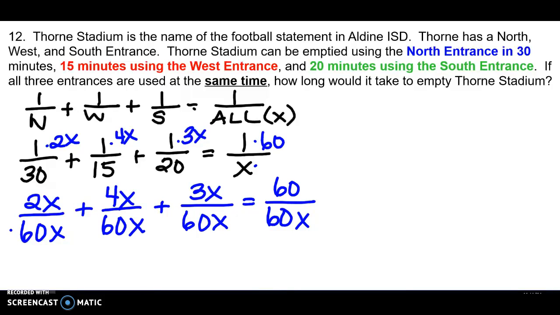Okay, we have our common denominator, so now we can cross it out. Solve what's left in the numerator. We have 2x plus 4x plus 3x.